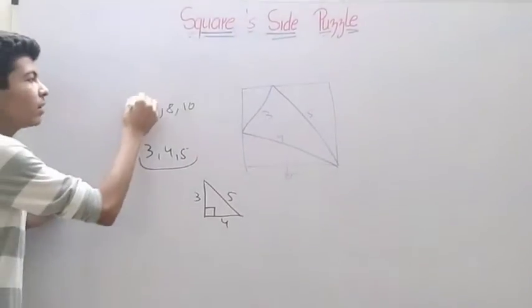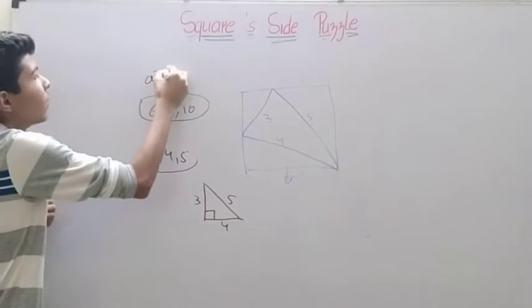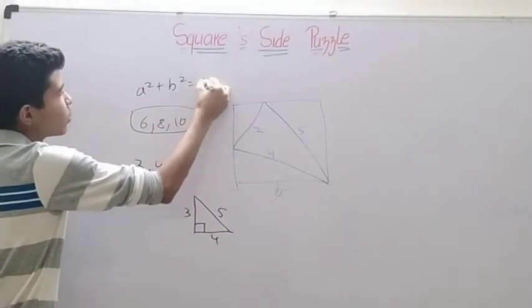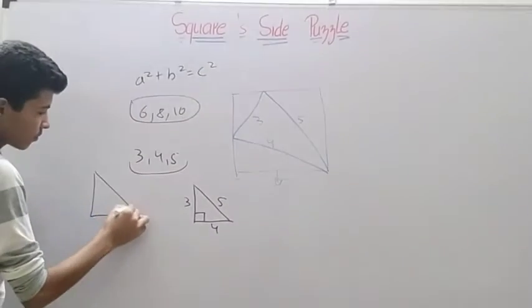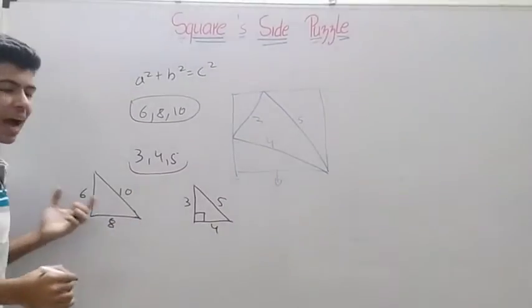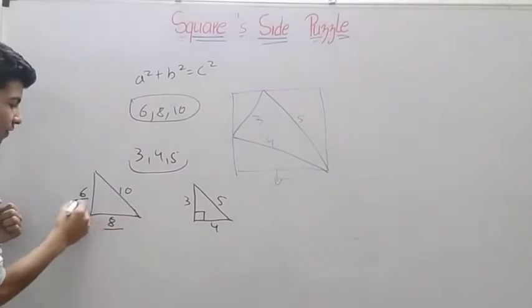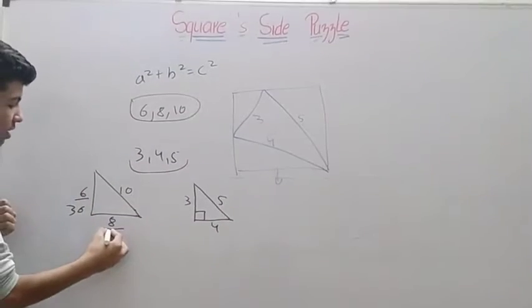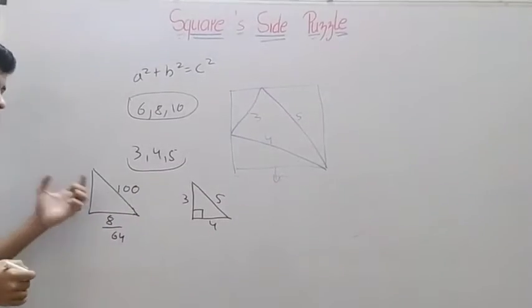We can get these numbers with the Pythagorean formula, a square plus b square is equal to c square. If we create the triangle it would be 6, 8 and 10, because the hypotenuse is always the longest. 6 square is 36 and 8 square is 64, and we get the answer 100.